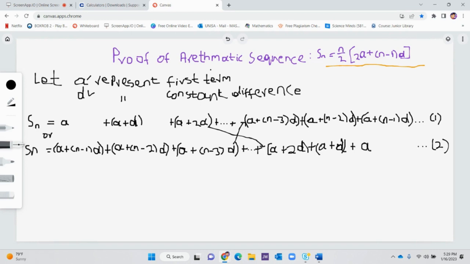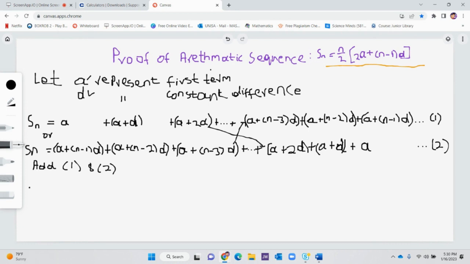Okay, so what is the next step? The next step is that we add equation 1 and equation 2. So what are we going to have?